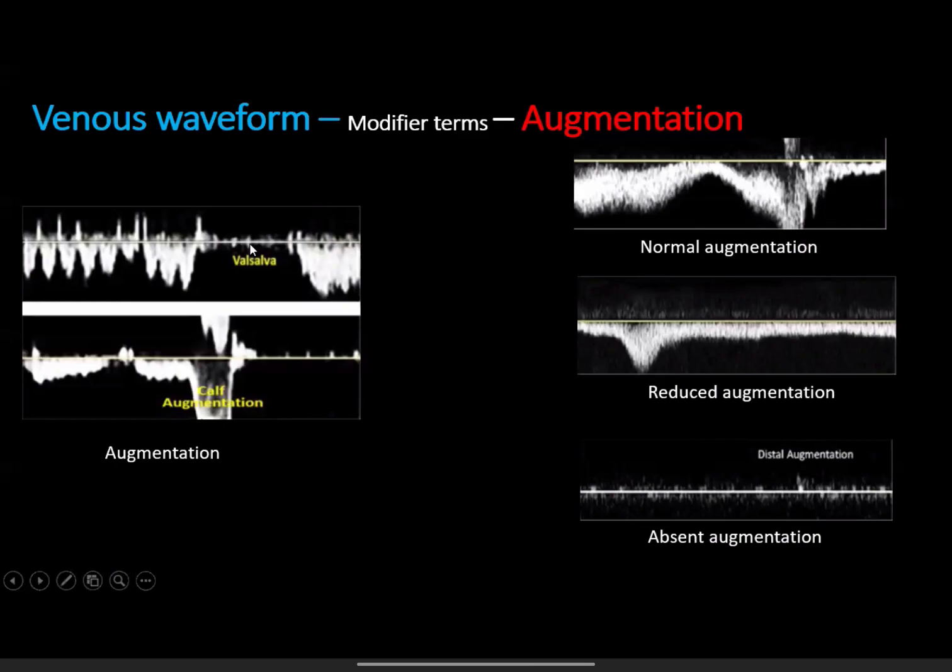And there are certain undulations of velocity when we ask the patient to perform Valsalva. There is a subtle increase followed by no flow because of the Valsalva maneuver. And again, when we release, there is restoration of the blood flow. So there is normal augmentation, there can be reduced augmentation, and there can be absent augmentation when there is obstruction between the site of insonation and the calf compression.